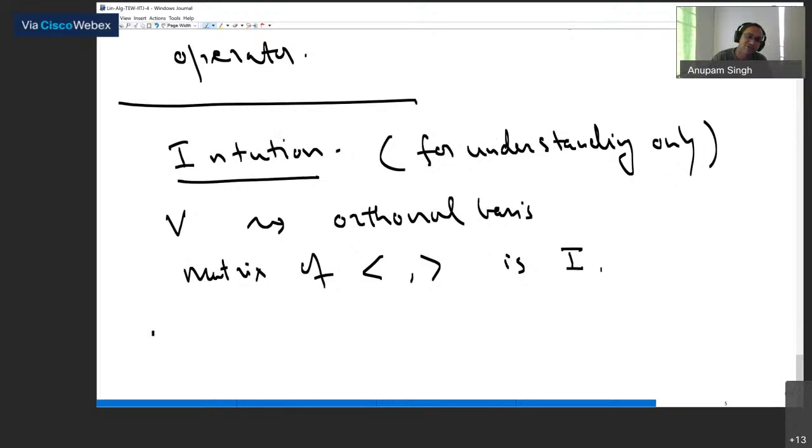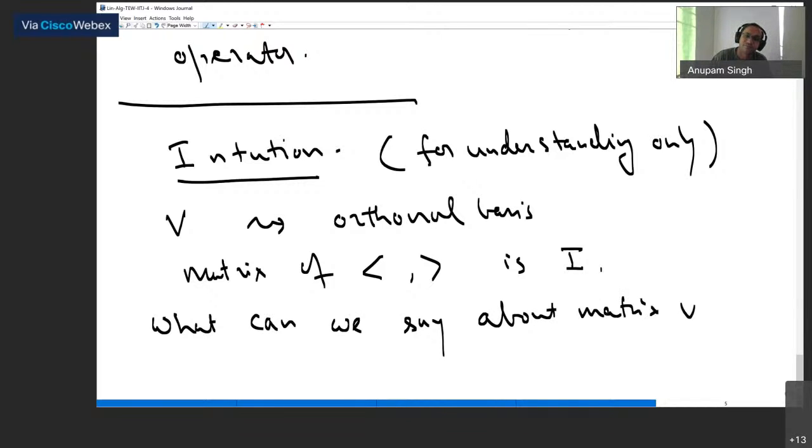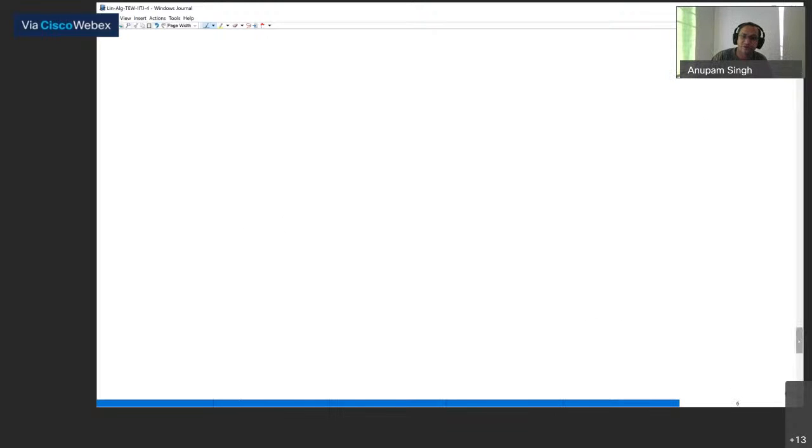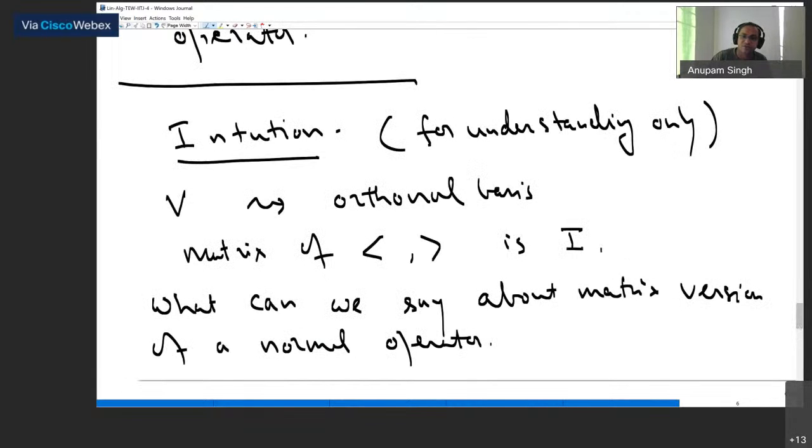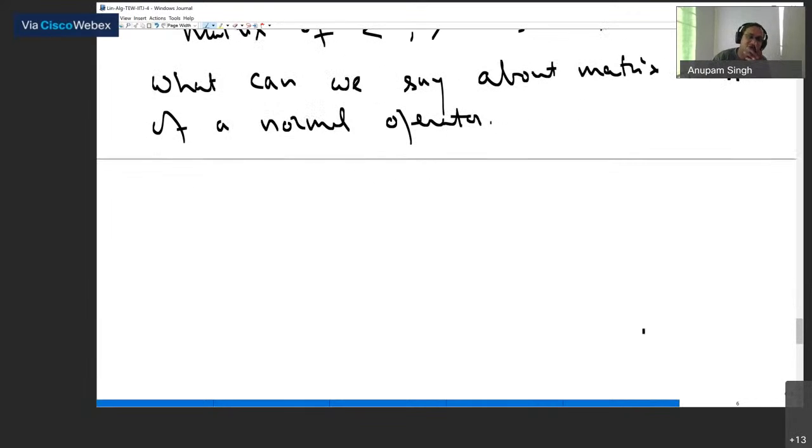Now the question is, in the matrix version, what is a normal operator? So what can we say about the matrix version of a normal operator? What is the equation of a normal operator?